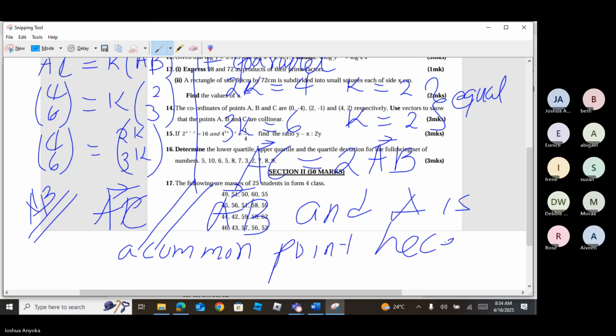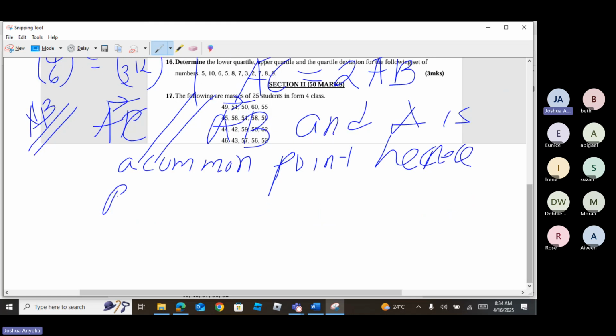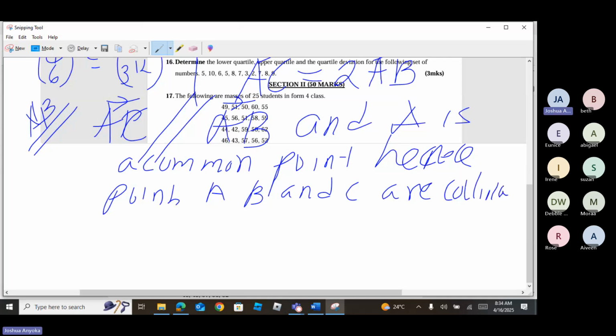Hence points A, B, and C are collinear. This is what is going to award you the last mark.